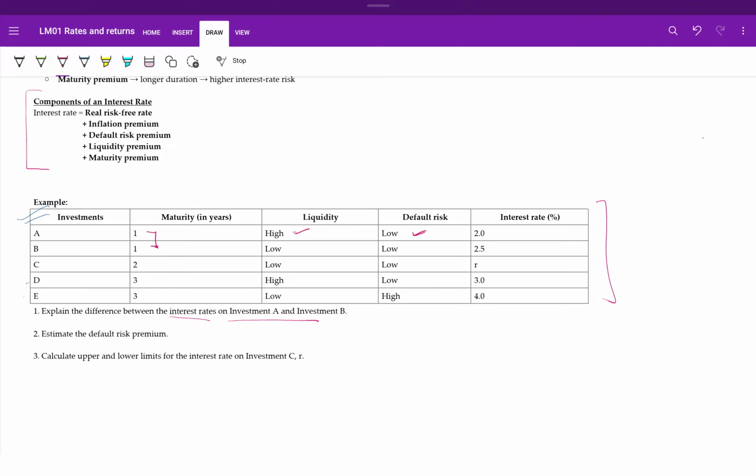And in between investment number one and two, the difference is because of high liquidity and low liquidity. So for liquidity, I can say the liquidity premium for 1 year is 2.5 minus 2.0, which is 0.5% based on this data.